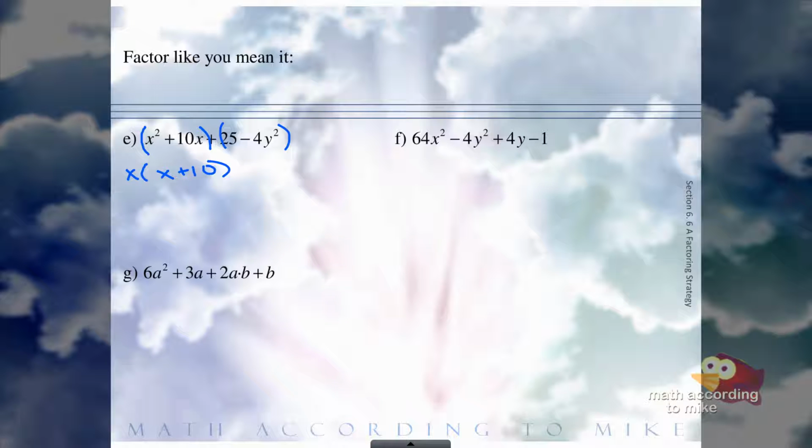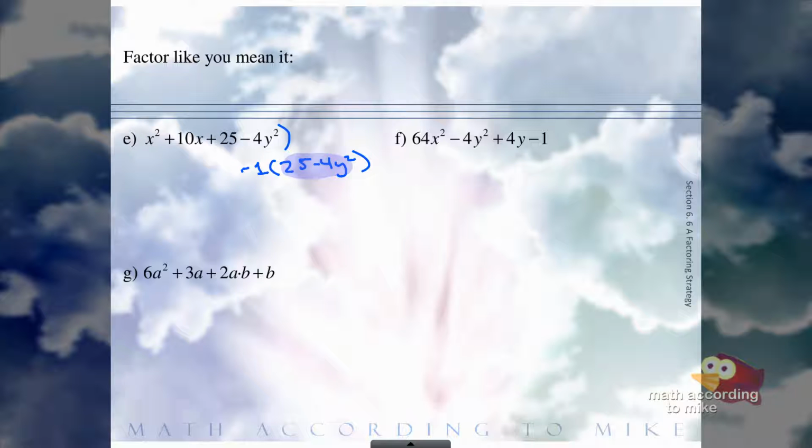In the second group we can only pull out a 1, and we would be left with 25 minus 4y squared. The problem is that these two factors that are left over are not the same, which means factoring by grouping did not work.